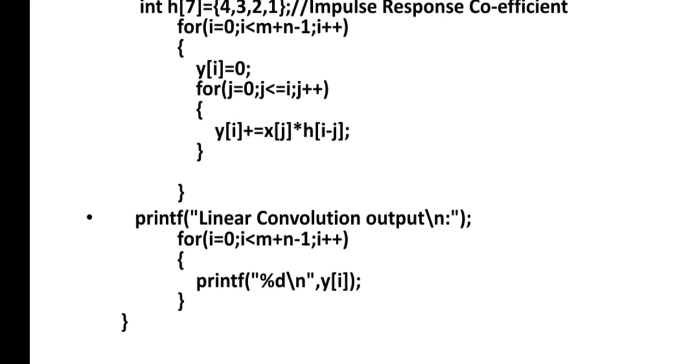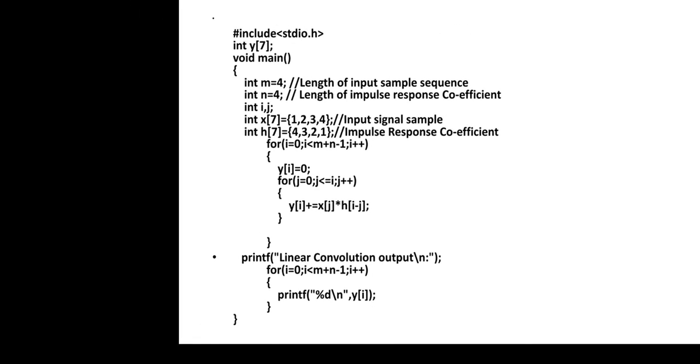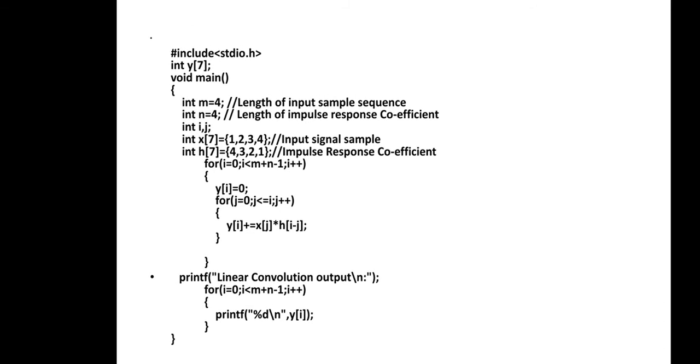So I will get 4, 11, 20, 30, 20, 11, and 4. This is my sampled output of two functions, x of n and h of n, which are 1, 2, 3, 4 and 4, 3, 2, 1 respectively. So this is the C code for convolution. I hope it's pretty clear to you, the meaning and the importance of this C function.